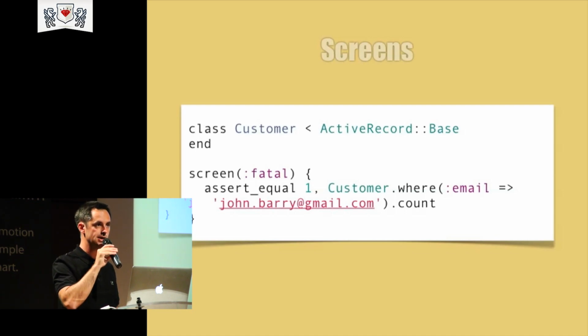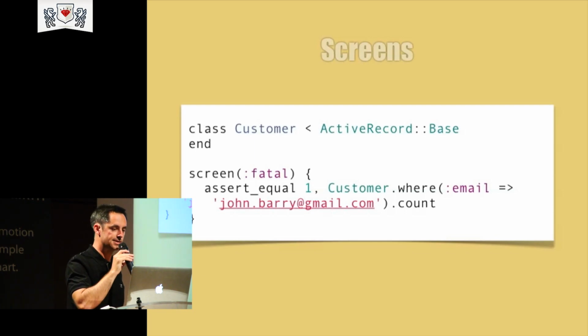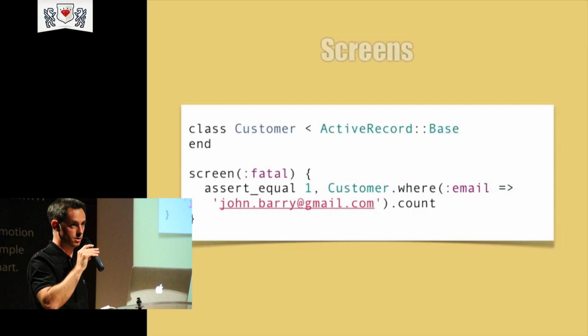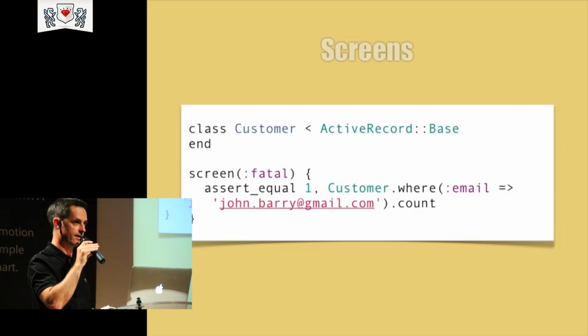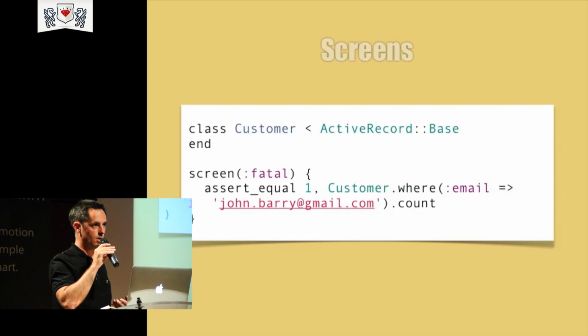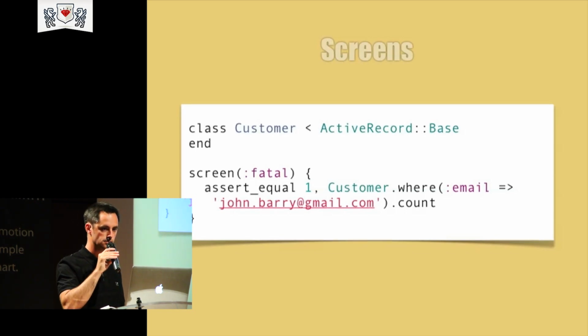You can use test unit in there to make requests against your database or other items you're processing, and stop the processing completely if that's what you want. So here we make sure that over time we still have only one guy with johnbarry@gmail.com email. It's to make sure our upsert works properly and we don't end up with duplicate records.